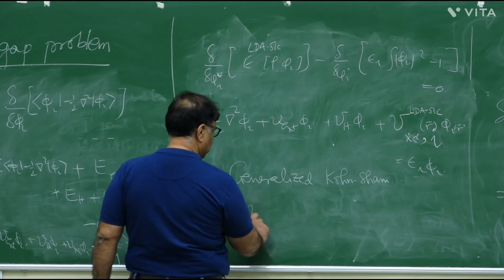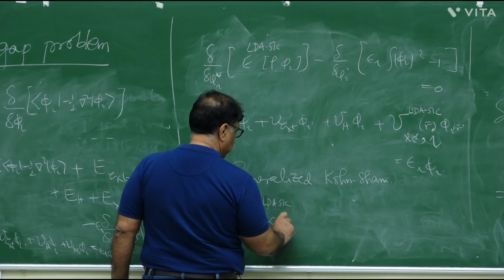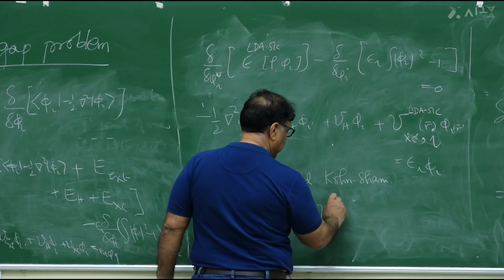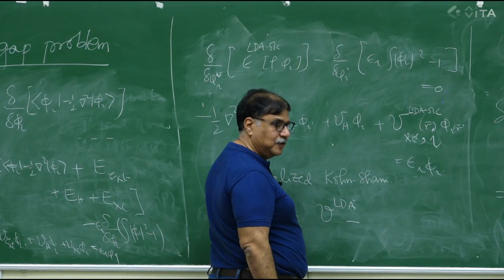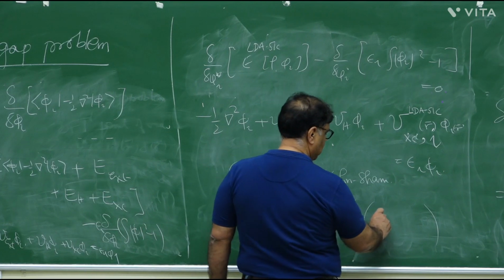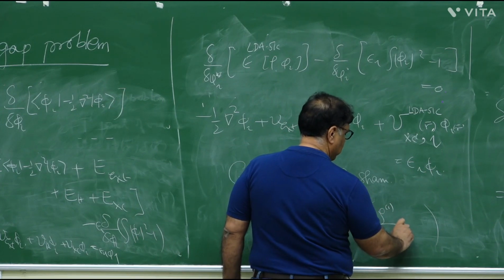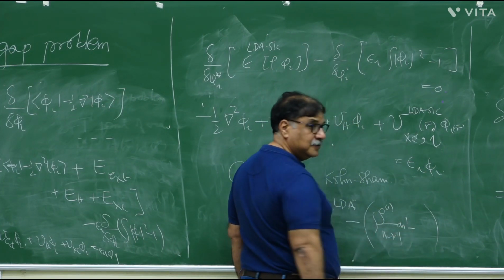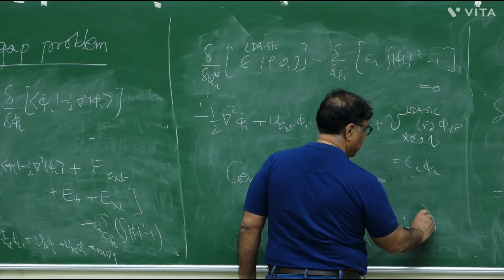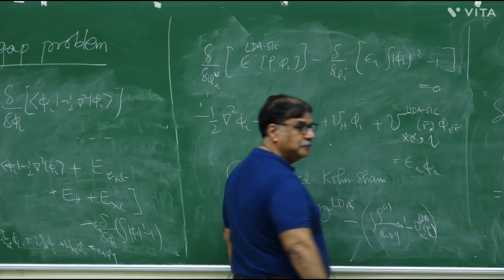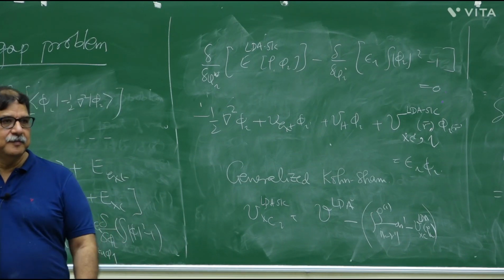Now, the potential also you can guess. V XC LDA-SIC for orbital i is going to be the LDA potential minus the self-interaction correction for that orbital. So it's going to be the Hartree term with rho for that orbital over R minus R' dR', minus V XC LDA for that single orbital. The cancellation is being done itself.